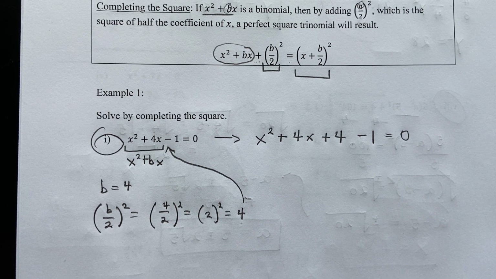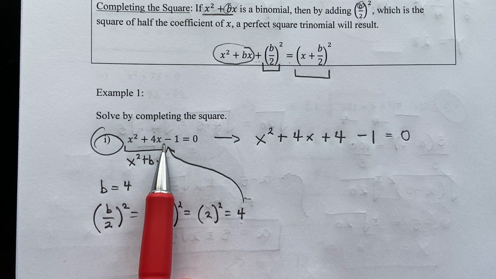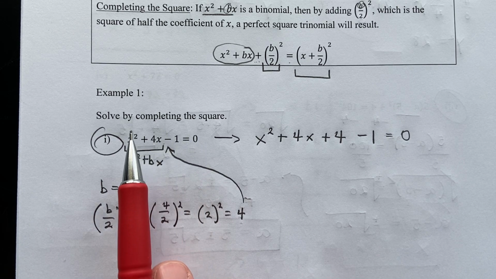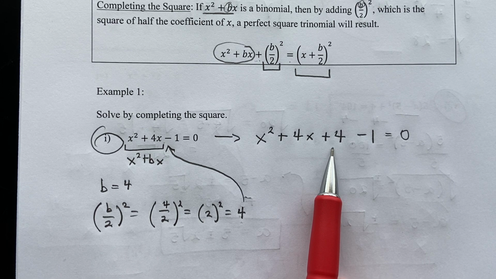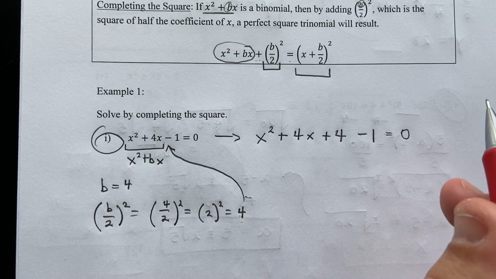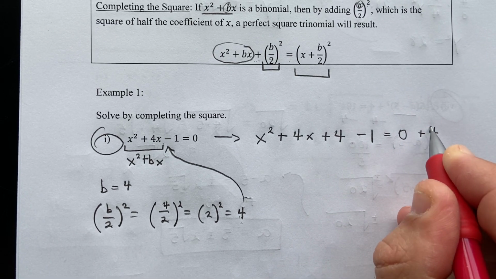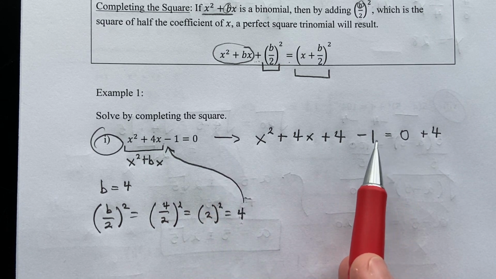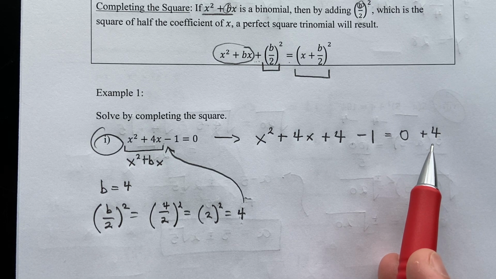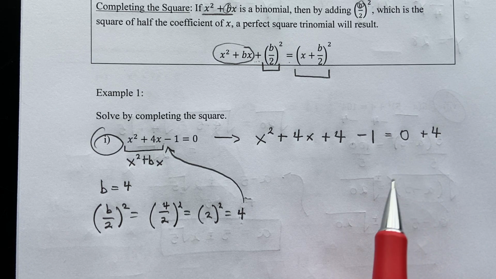But what just happened was I just added 4 to the left-hand side of the equation. Here's a 4 that's on the left-hand side that wasn't there originally. So whenever I add something to one side, I also need to add it to the other side. So since it was a 4 in this case that I added to the left, I also need to add a 4 to the right just to balance it, just like we always do with equations.